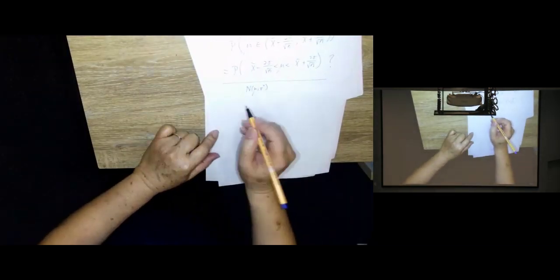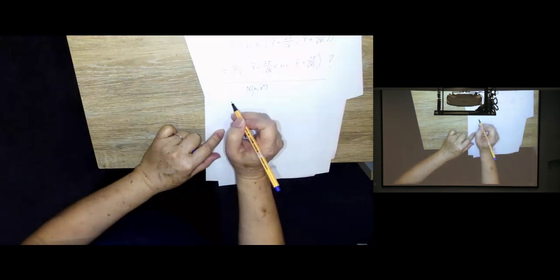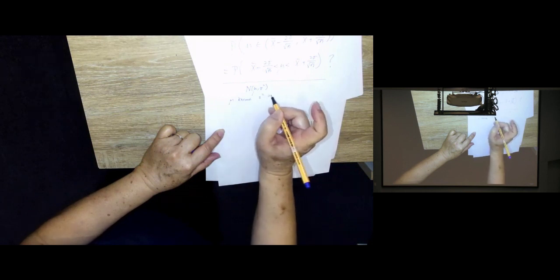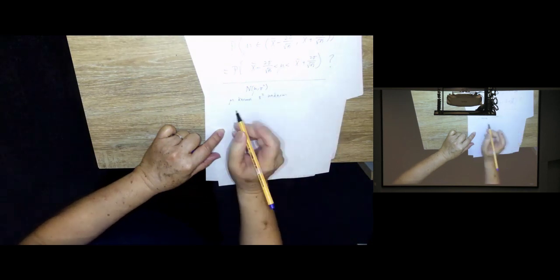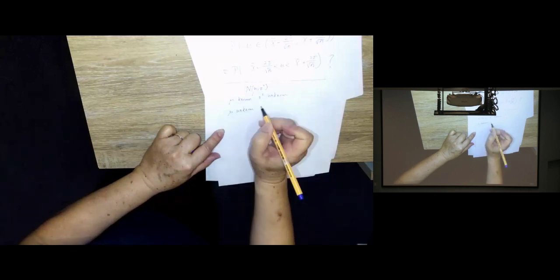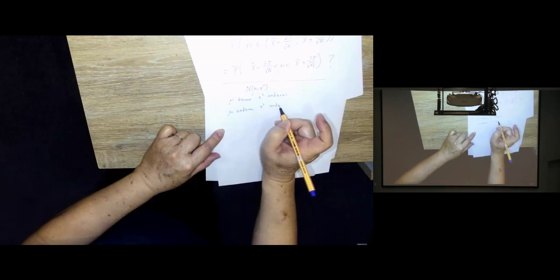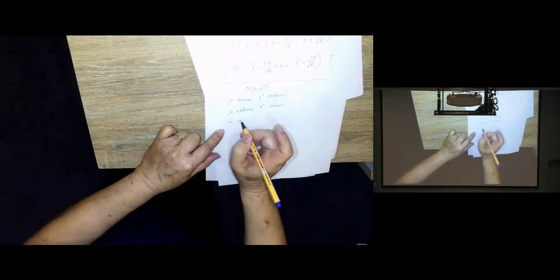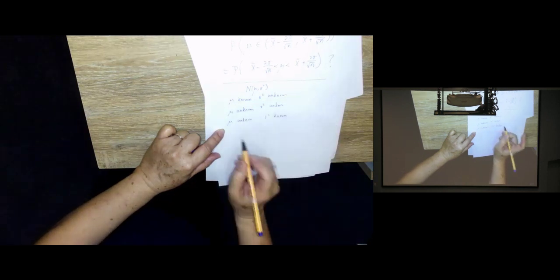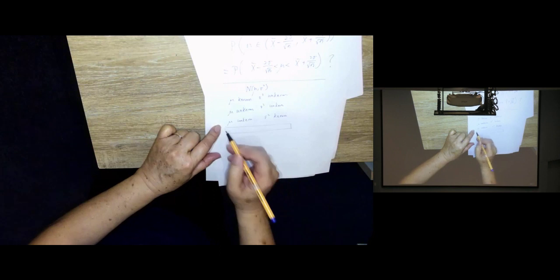There are many cases: mu known, sigma square unknown; mu unknown, sigma square known; and mu unknown, sigma square unknown. Of course, the remaining case, where mu and sigma square are both known, is the happiest case. We don't need to do estimation, right?